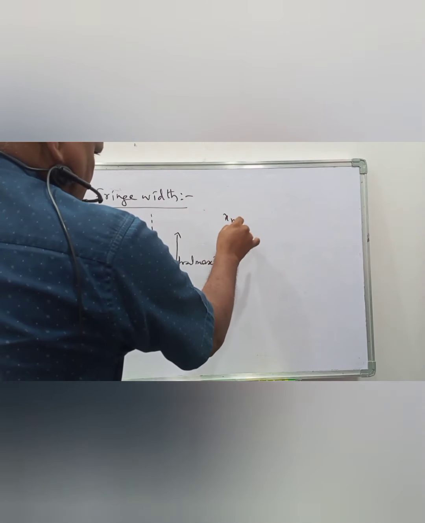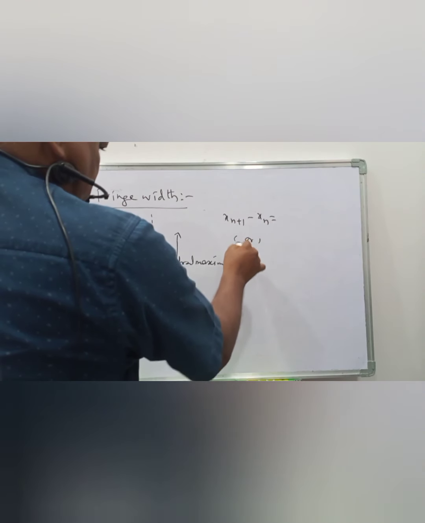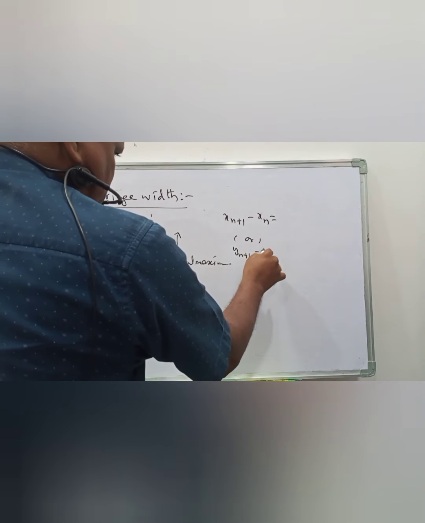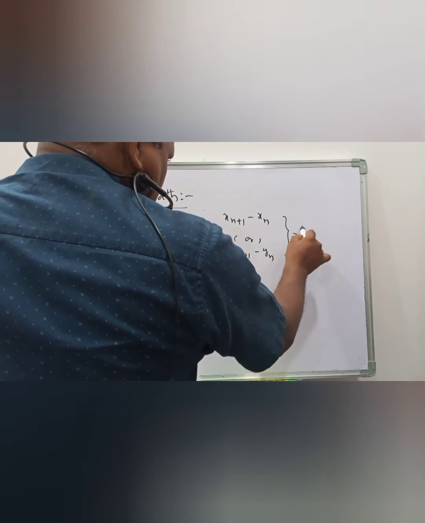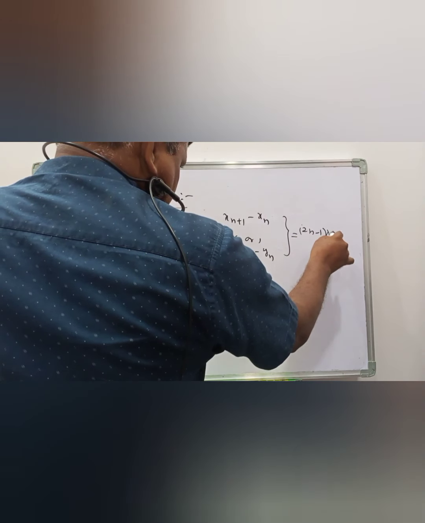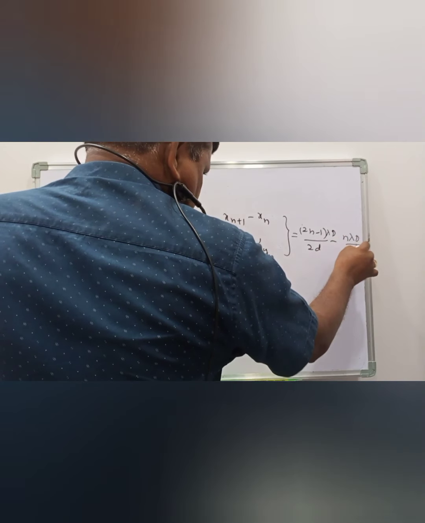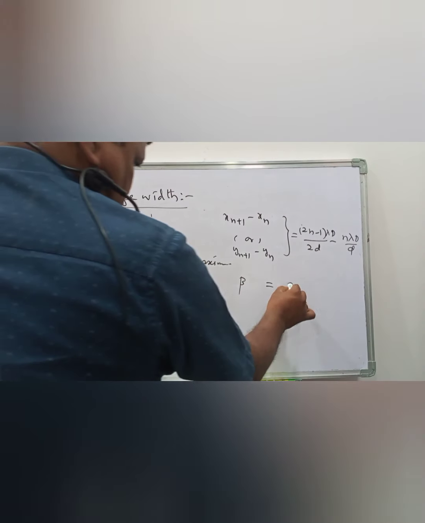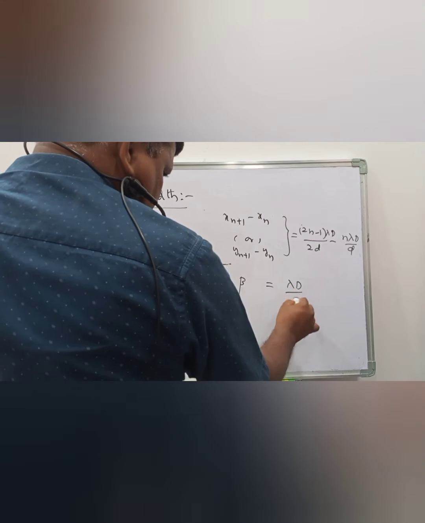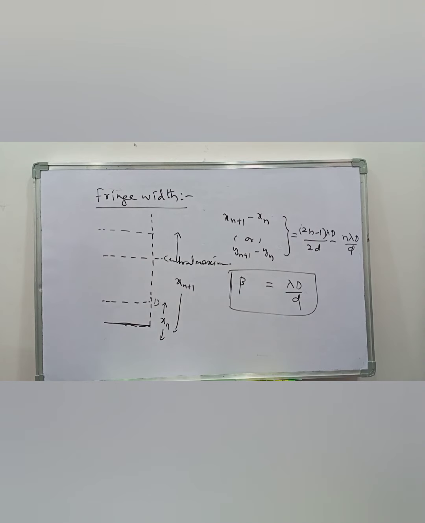Here xn plus 1 minus xn, we can also write yn plus 1 minus yn is equal to (2n minus 1) lambda D by 2d minus n lambda D by d. By simplifying, you will get the fringe width beta is equal to lambda D by 2d. This equation refers to the fringe width pattern between the successive dark and bright fringes.